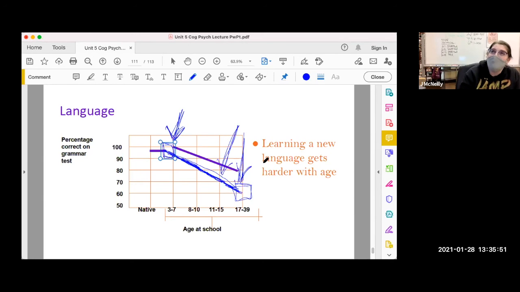And that's why in European countries, people tend to be multilingual. Whereas in America, in the United States specifically, they don't tend to be multilingual, because we have such an emphasis on English. Whereas in Europe, you may learn French and English and whatever the native language in the area is.